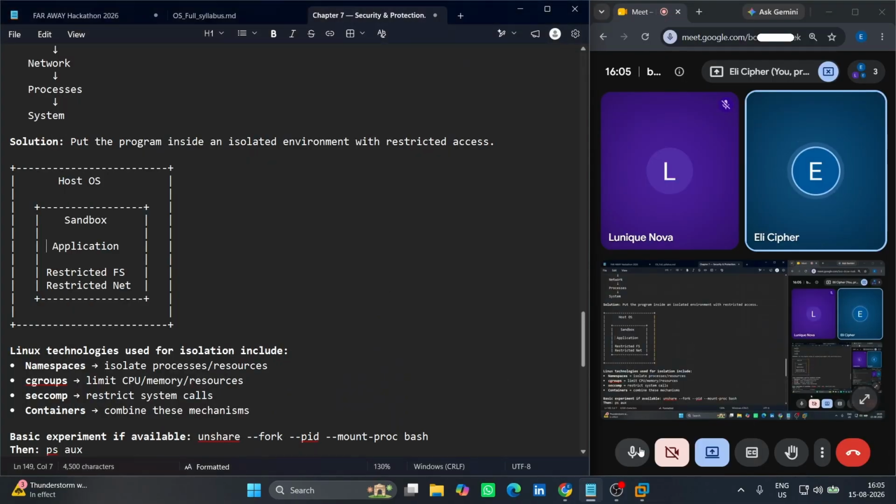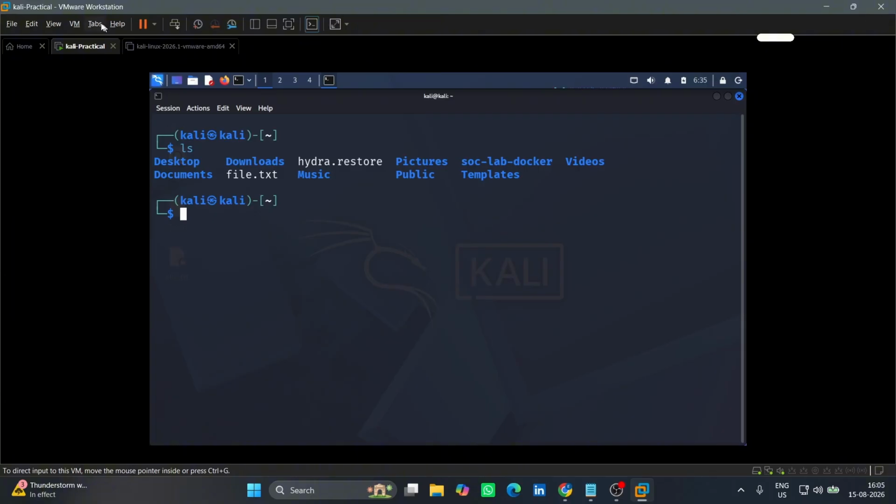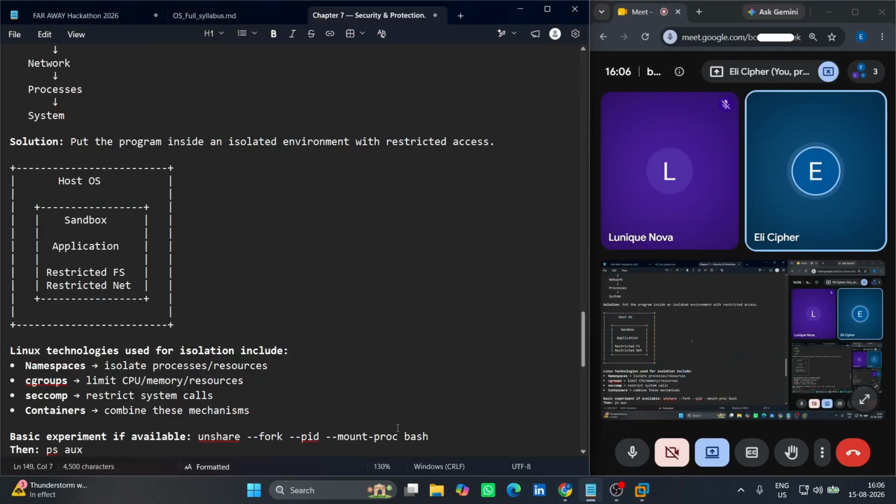So I created a sandbox environment inside VMware Workstation. Now if I even delete the whole operating system, or somebody tries to hack the Kali Linux system, my actual Windows system was saved from them.